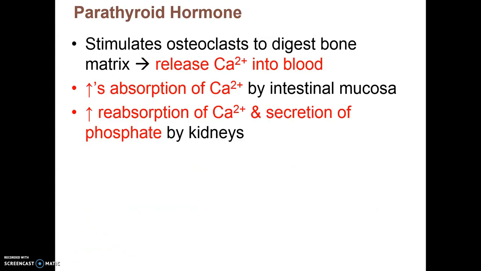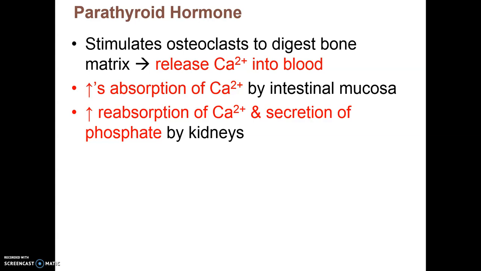Parathyroid hormone stimulates osteoclast activity. So the bones are kind of dissolved. They do not exactly fracture, but they kind of break down. So they release calcium into the blood. So it is important to know what parathyroid hormone does.